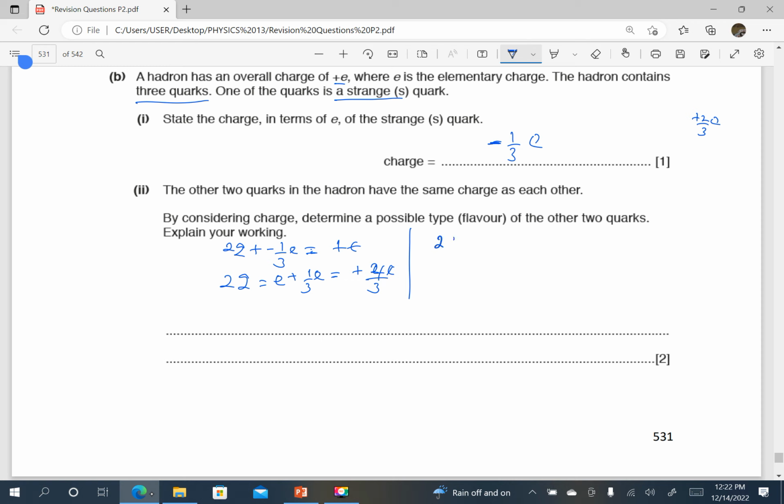So we have that twice q is equal to 4e/3.